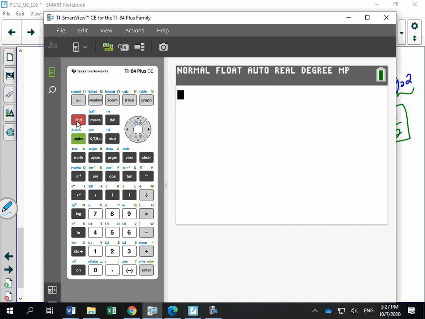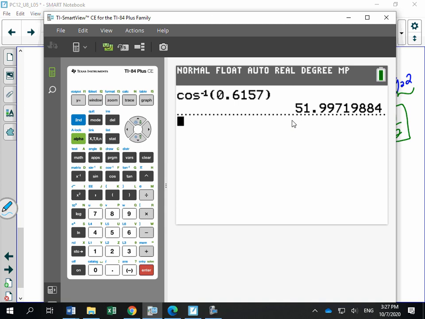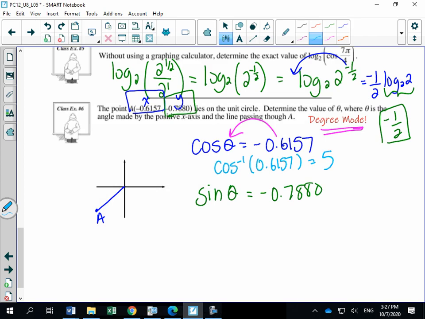The inverse cos of, not negative, we always take the absolute value, of 0.6157. They want this to the nearest degree. That's going to give us 52 degrees. And what you have to remember is that is always a reference angle. Whenever you do the inverse cos, inverse sine, inverse tan, the answer is always a reference angle.